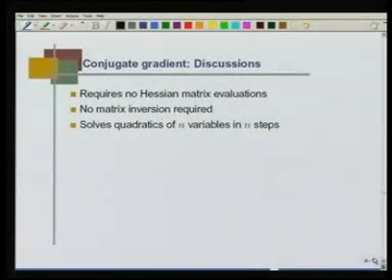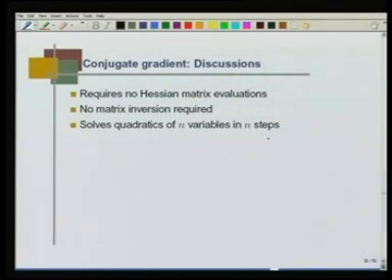So, researchers have used a variant version of this conjugate gradient scheme for nonlinear optimization functions. A conjugate gradient requires no Hessian matrix evaluation and no matrix inversion, and it solves quadratics of n variables in n steps.